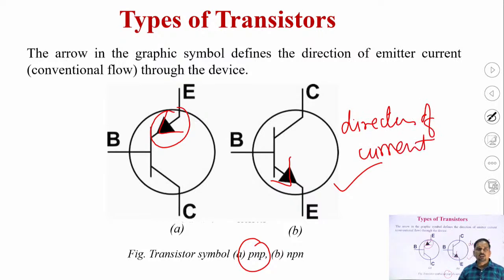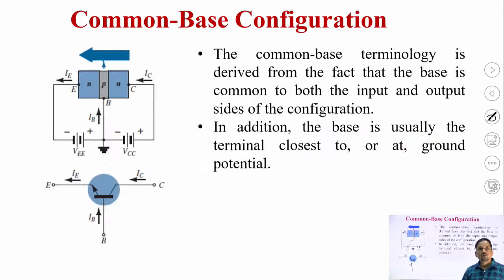After these symbols of the NPN and the PNP transistor, we'll start with the various configurations. There are three basic types of configurations for the BJT. The first configuration is known as common base configuration. The other configuration is known as common emitter, and lastly we have the common collector.